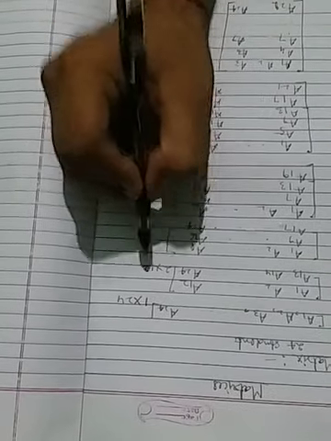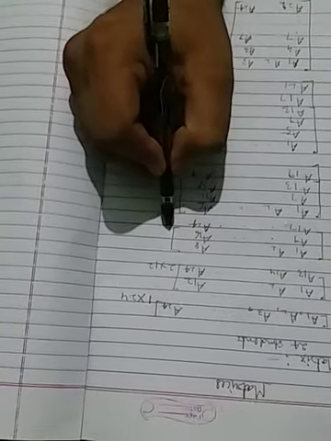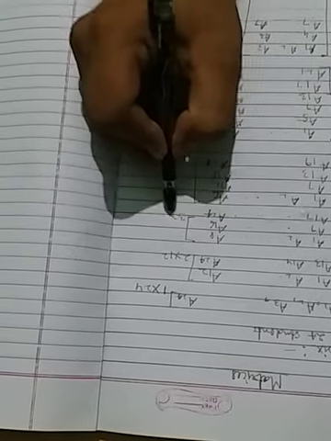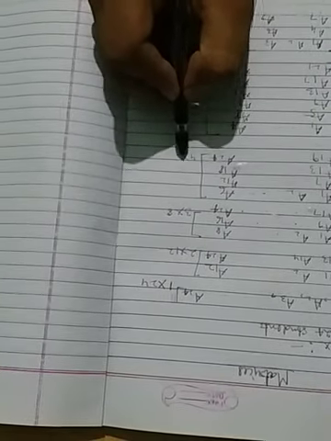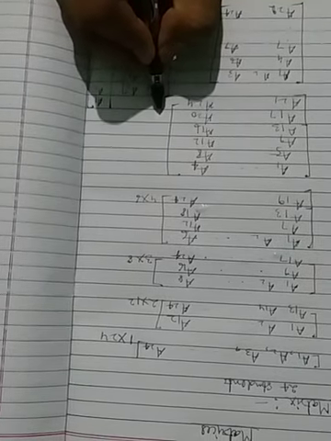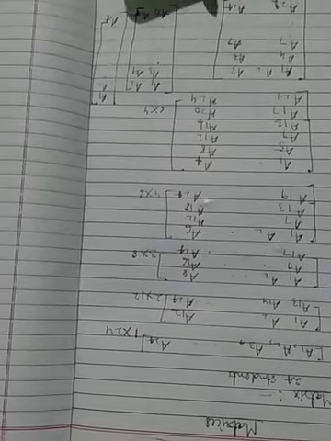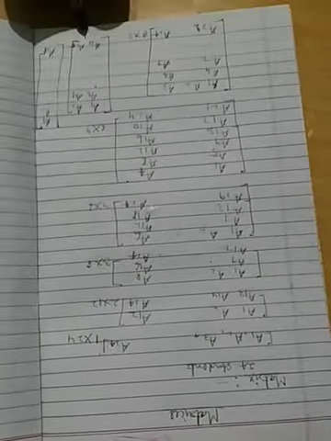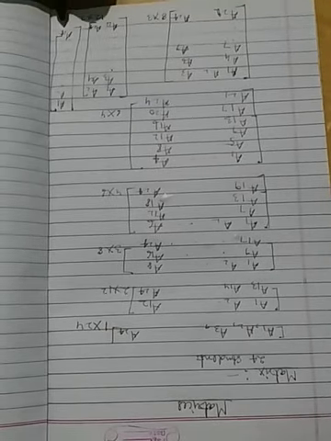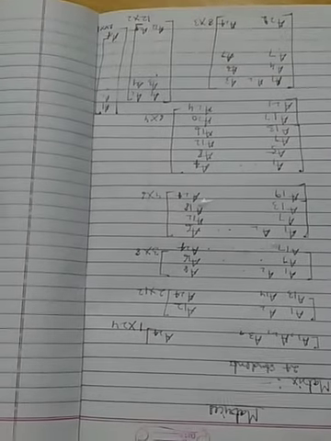Similarly 2 into 12. Then here we have 3 into 8. Here we have 4 into 6. And this one we are having 6 into 4. What about this? This is 8 into 3. This is 12 into 2 and this one 24 into 1.